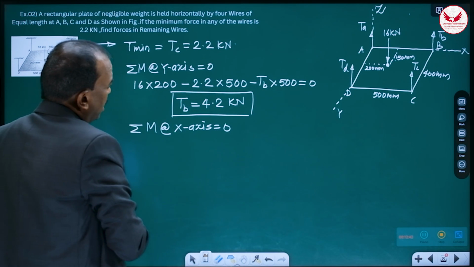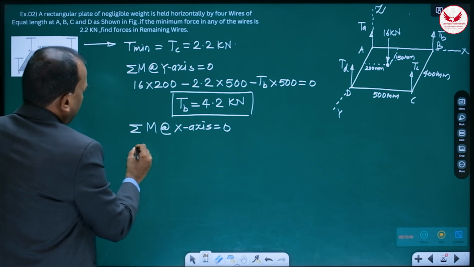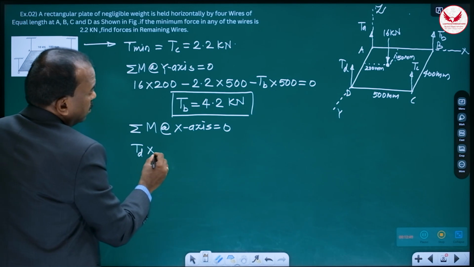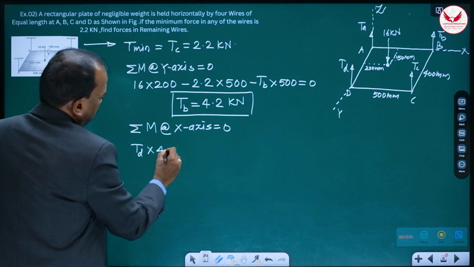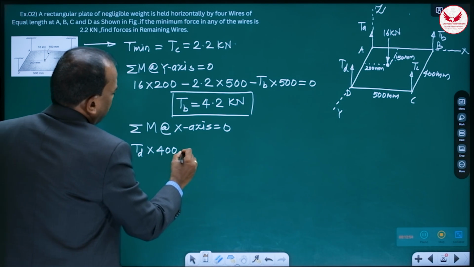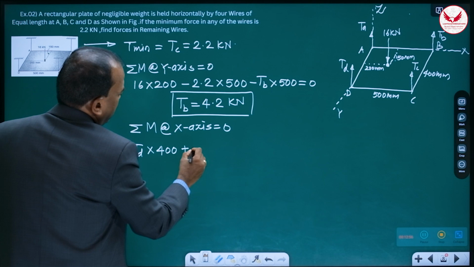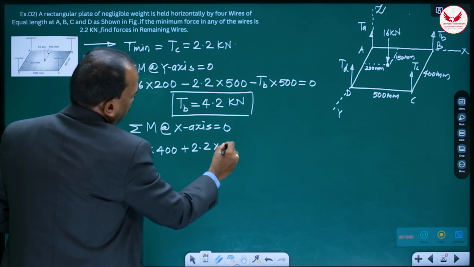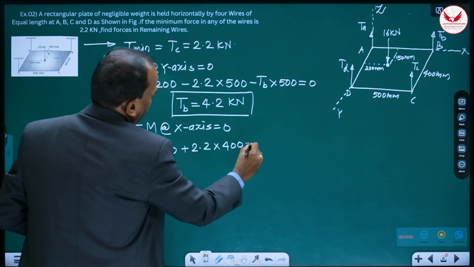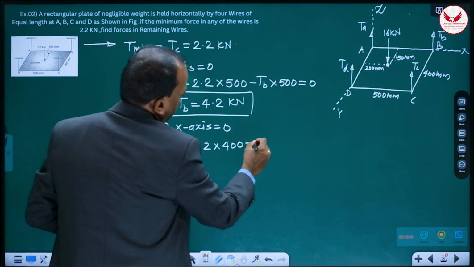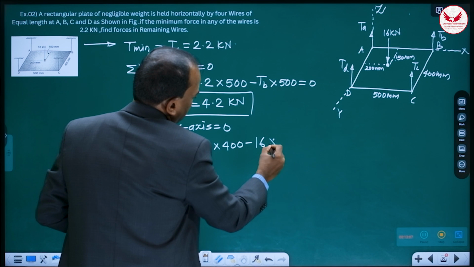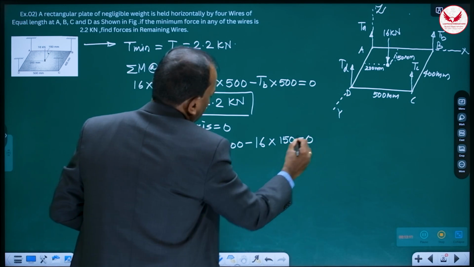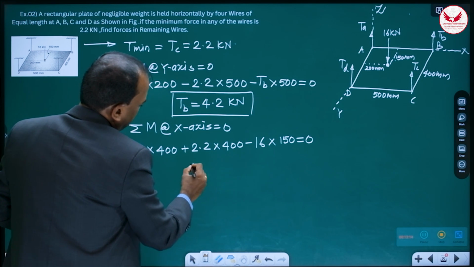Moment of TD, TD into 400 plus TC, means 2.2 into 400, minus 16 into 150, it is equal to 0, and from this we will get TD.